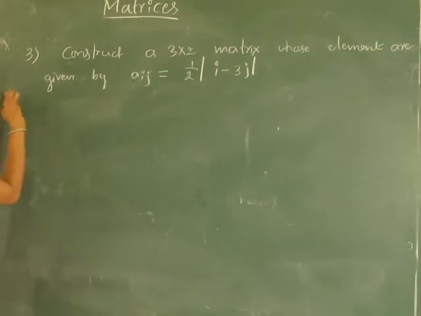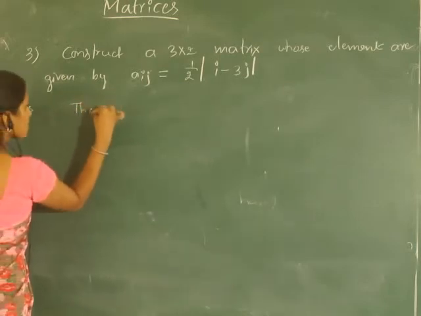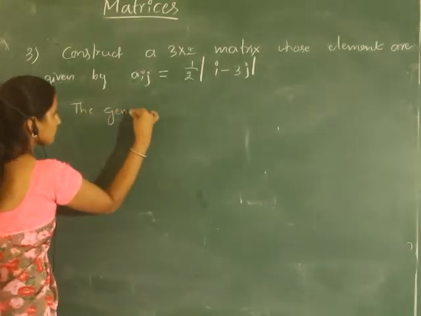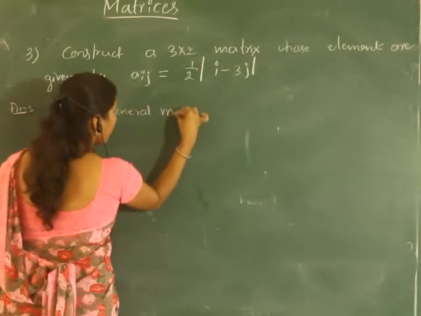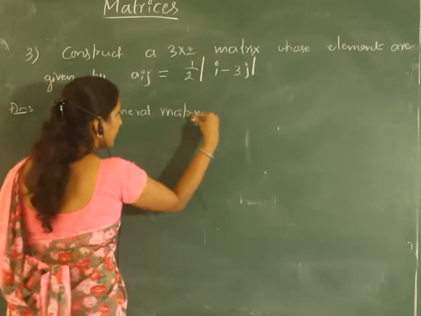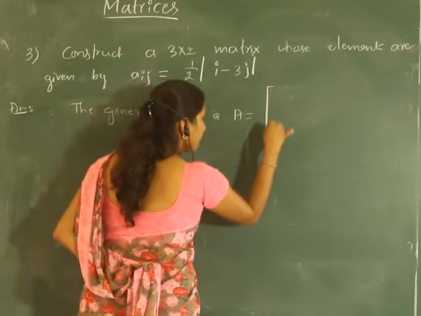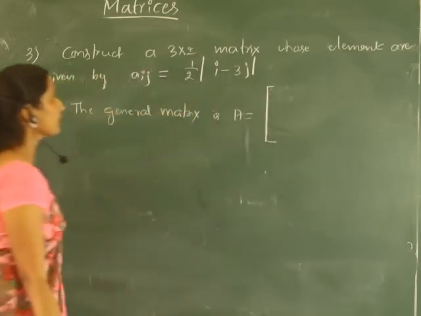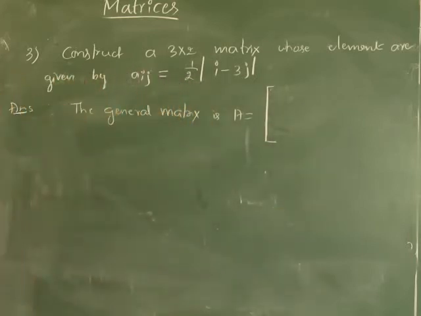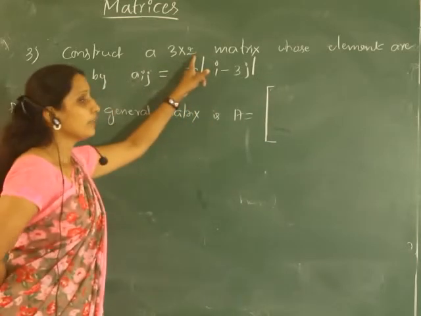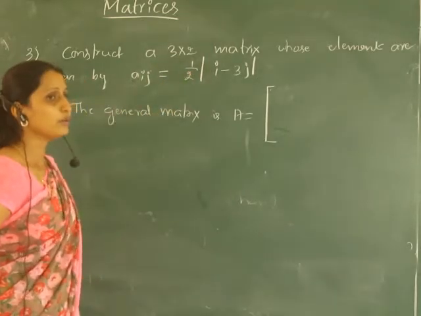A 3 by 2 matrix means 3 rows and 2 columns.